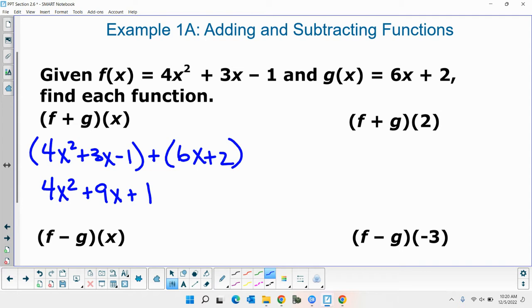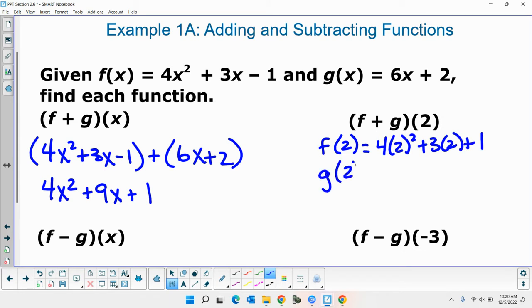If you have the number 2, like over on the right there, you can do what I just did first and then plug 2 in. Or you could do f of 2, which is 4 times 2 squared plus 3 times 2 plus 1, and g of 2, which is 3 times 2 minus 1. 2 squared is 4 times 4 is 16, plus 6 is 22, plus 1, that's 23. 3 times 2 is 6 minus 1 is 5.